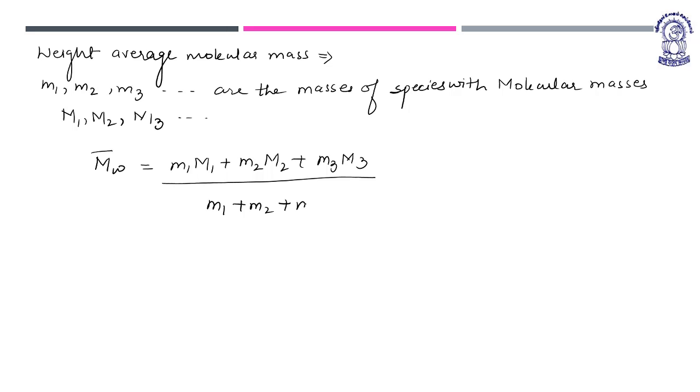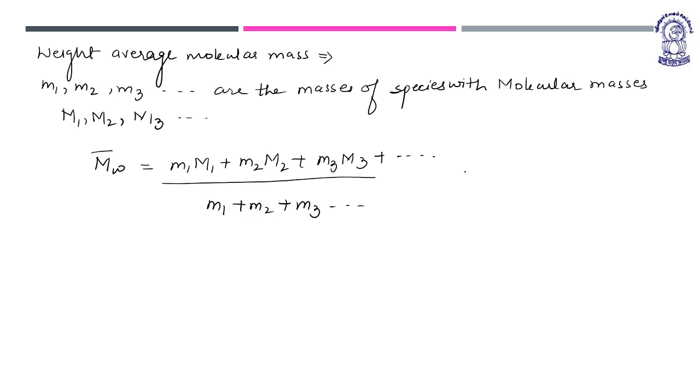So basically in both of these types, first we have calculated the average by number, and secondly we have calculated the average by mass.